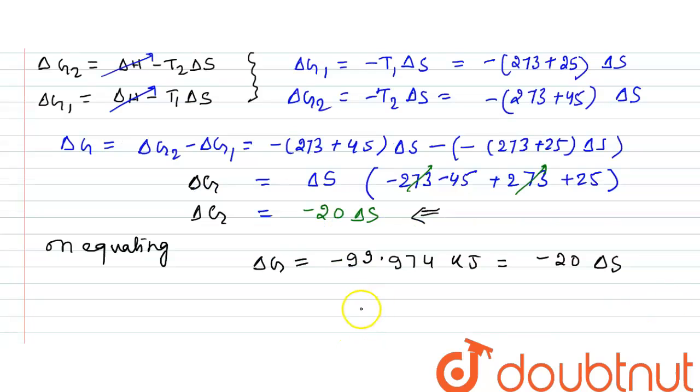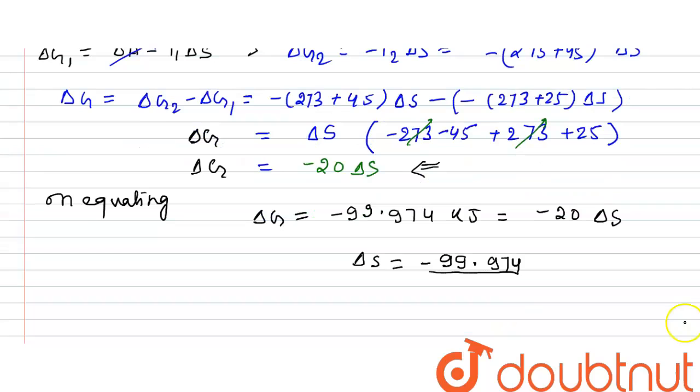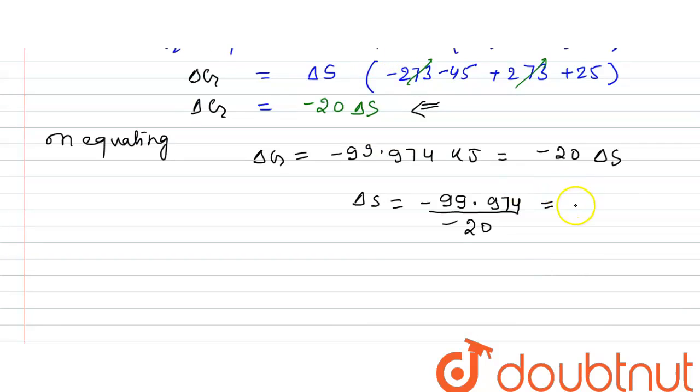So finally from here you will get the value of delta S as minus 99.974 divided by minus 20, which will be equal to 4.998 kilojoule per Kelvin, or approximately, to the nearest integer, you can write 5 kilojoule per Kelvin, and hence this will be our required answer.